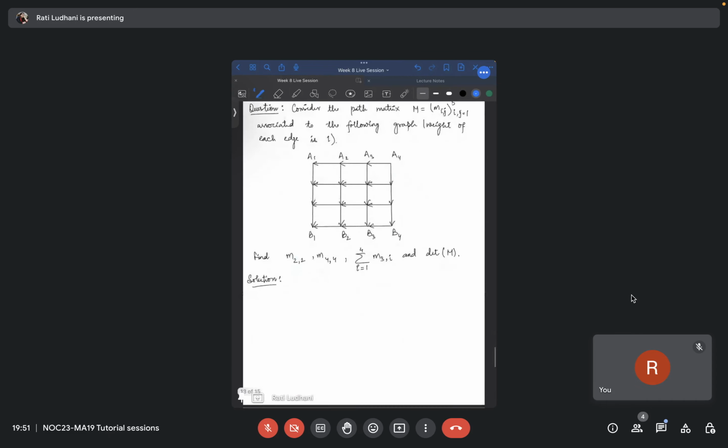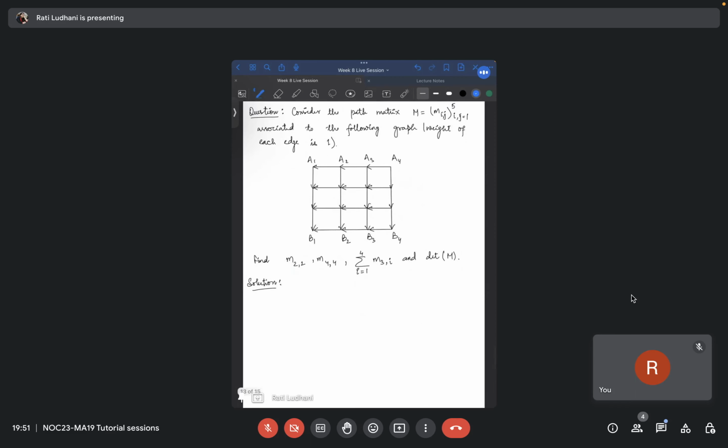Okay. Let's move to the next question then. Consider the path matrix M. You have this matrix Mij. Yeah, again, same thing. Okay, now the arrows are similar. No. Now the arrows are like this.